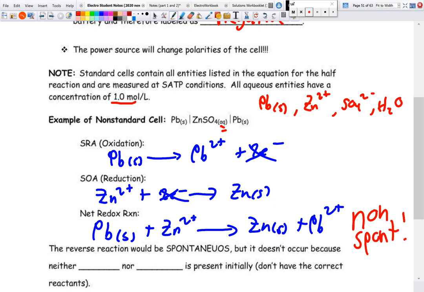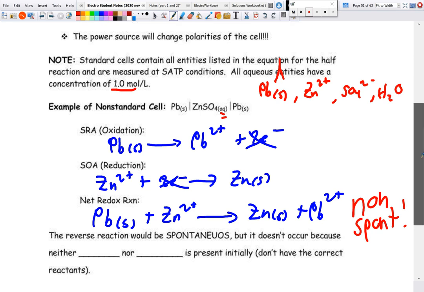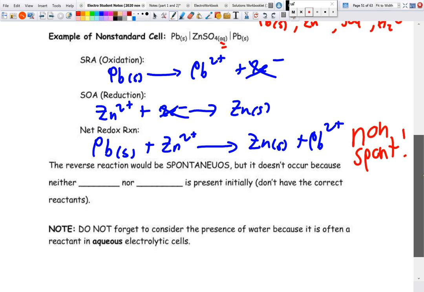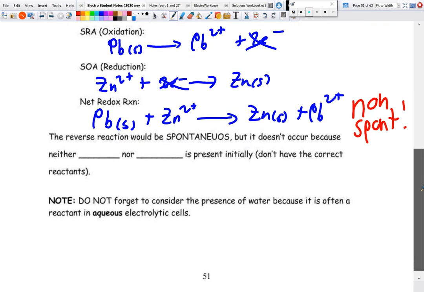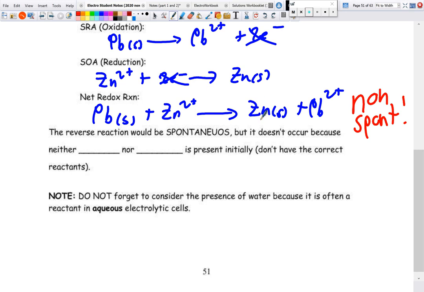Right, so this is of course a non-spontaneous reaction for the reasons that I outlined when we were looking at the data booklet. So if we did look at the reverse reaction, so zinc solid plus lead 2 plus, now that would be a spontaneous reaction, but it does not occur because neither our zinc solid or lead 2 plus ion is there.